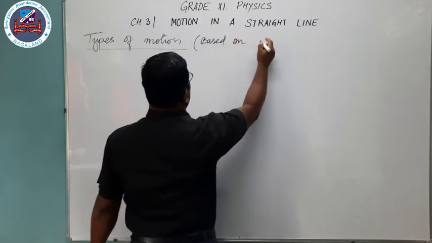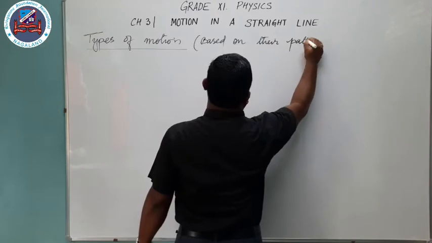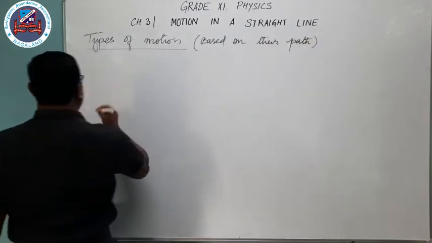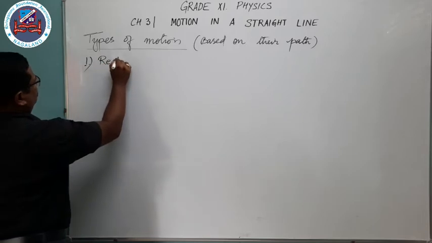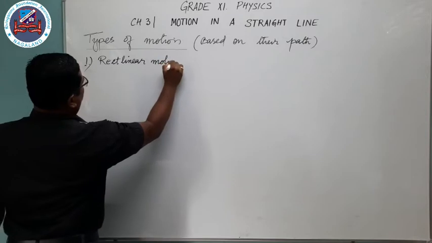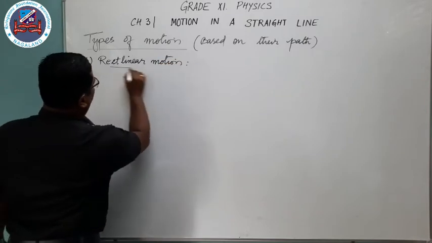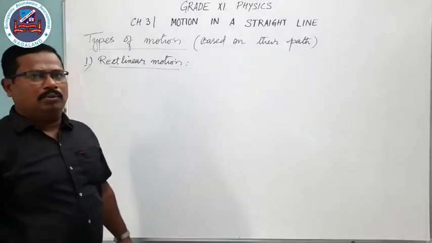The first one is called rectilinear motion. If the motion of the body is in a straight path, then that motion can be considered as rectilinear motion.